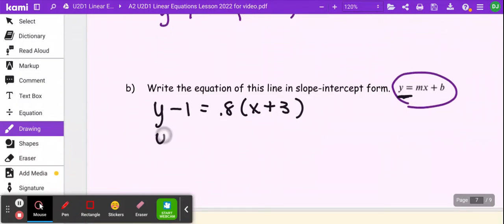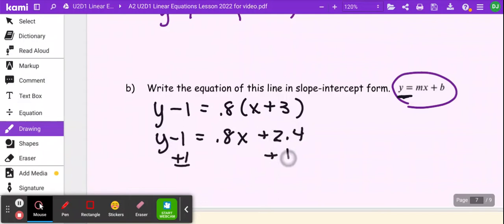So let's see. If I simply distribute and then add 1, again, basic Algebra 1 takes me from point slope form to slope intercept form. That's all there is to it. You're basically just solving this equation for y. Okay, hope that went well and you're remembering that.